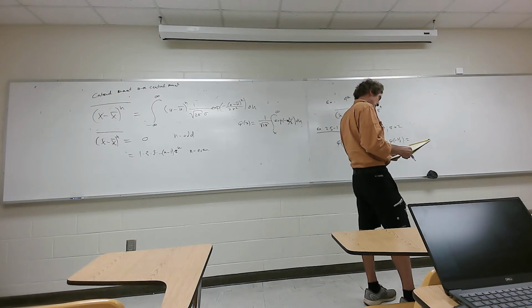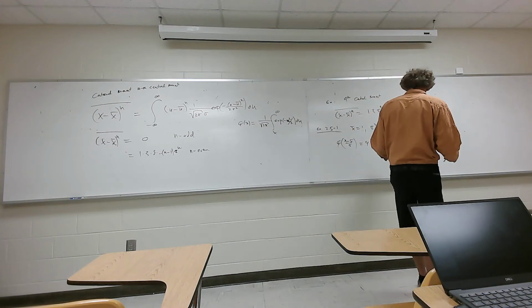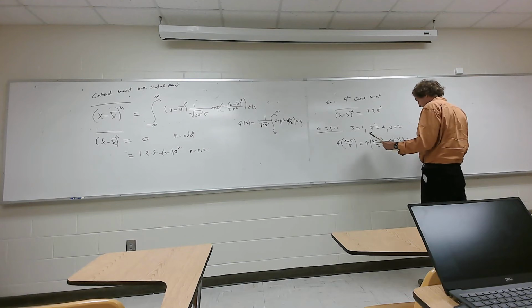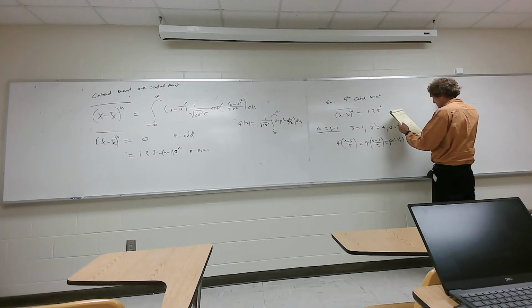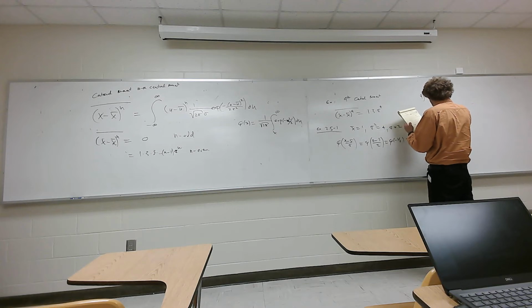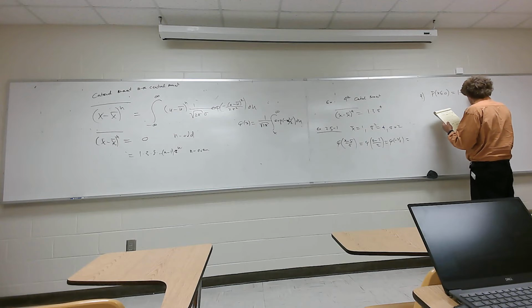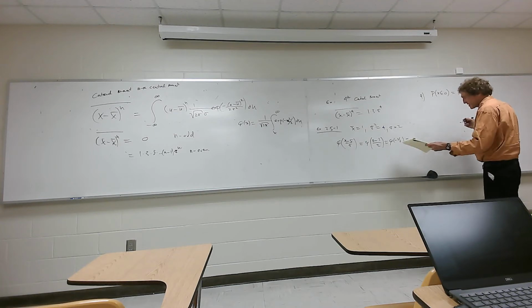And the answer in the book, part A: the probability of X being less than or equal to 0 is going to be 1 minus the Q function of minus 1/2, and that's where you get that.